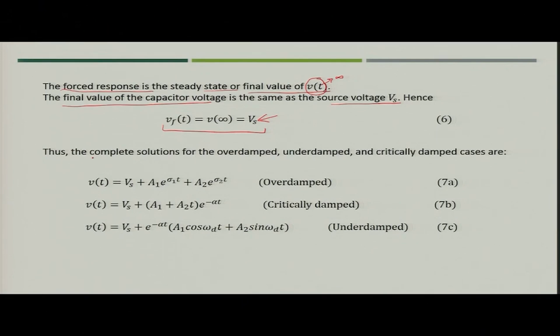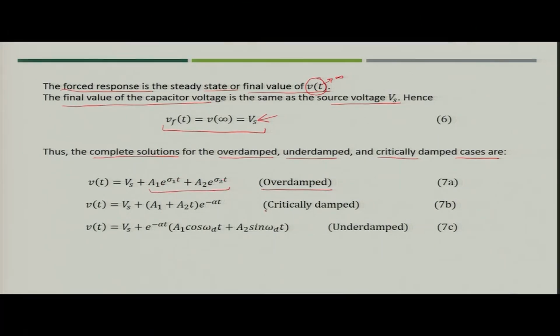So, what we can write now, the complete solution for the overdamped, underdamped and critically damped cases can be written as v(t). In case of overdamped, you will say that it is Vs plus A1 e to the power sigma1 t plus A2 e to the power sigma2 t.